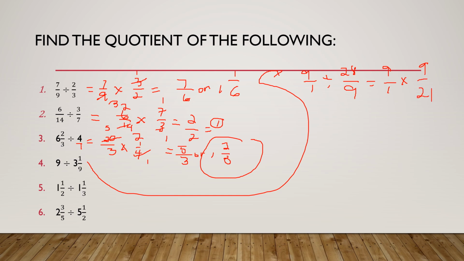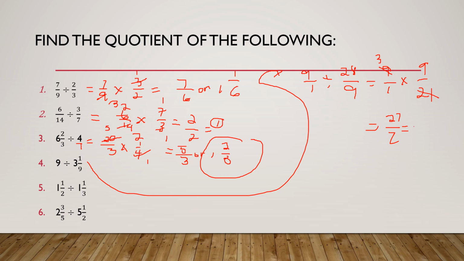So if we're going to use cancellation here, the GCF of 9 and 21 is 3. So we have 3 over 7, or 3 times 9 is 27 over 7. Now, 27 divided by 7, we can use 4 and 1/7, because 4 times 7 is 28. Now we cannot use 28, so we can use only 21.